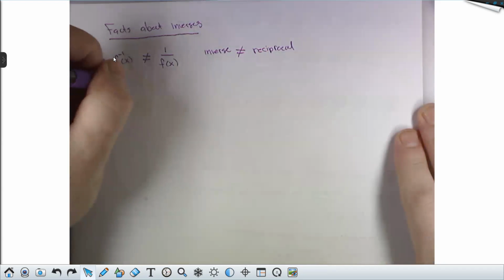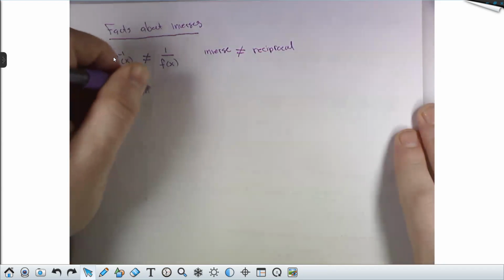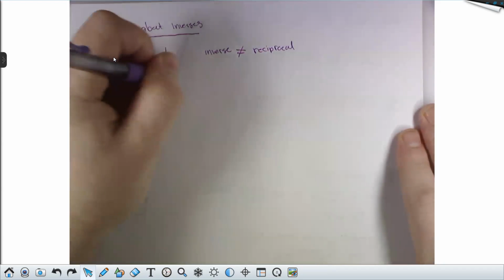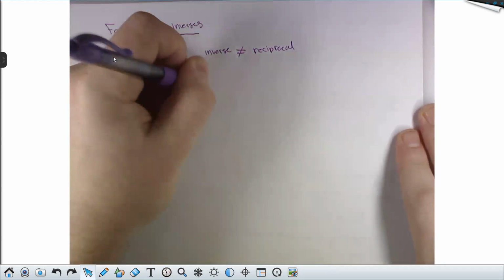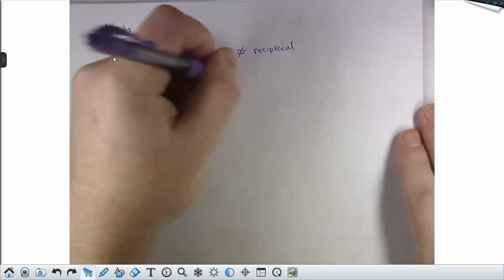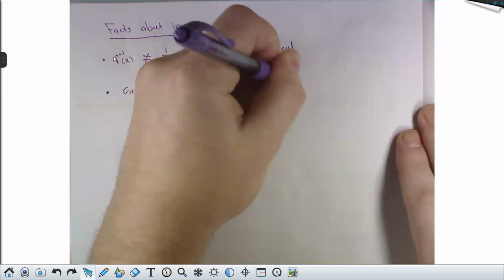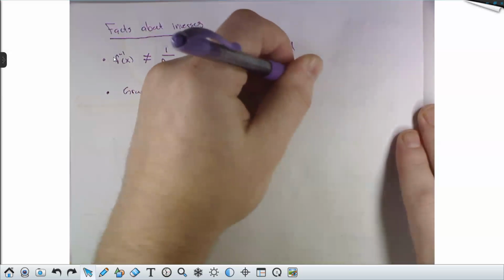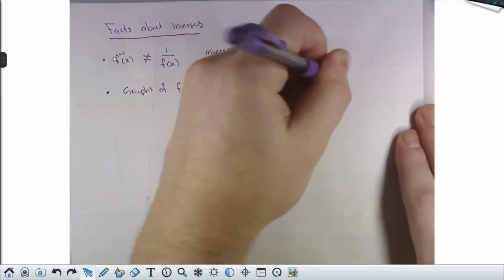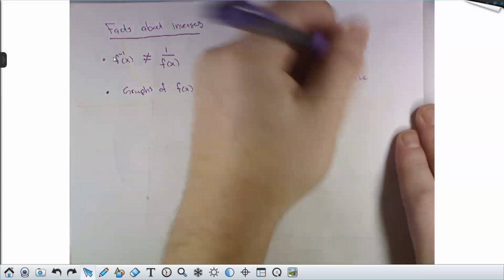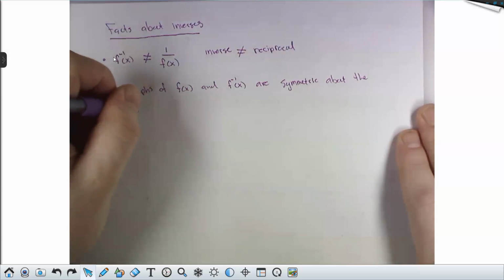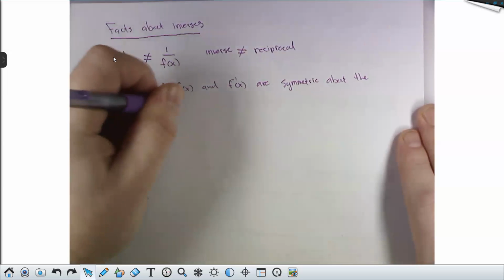Second, graphs of f of x and f inverse of x are symmetric about the line y equals x.